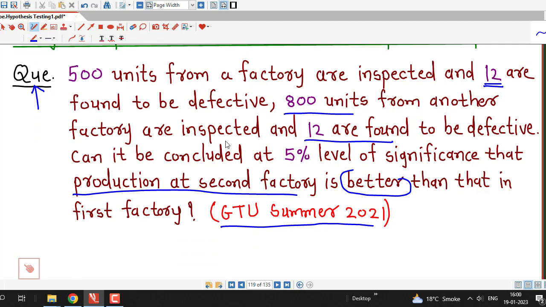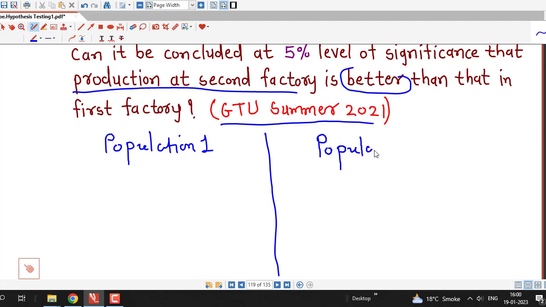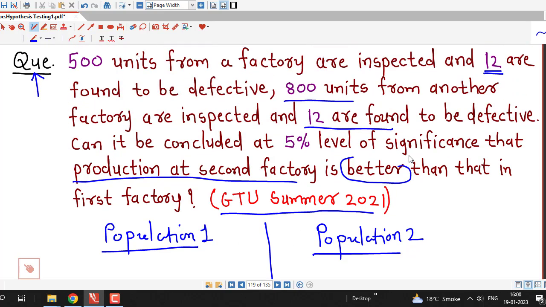So first we have to decide what are the population proportions under consideration, or what are the treatments which we want to compare. Here we are given the data for two factories, so we can consider units from factory 1 as population 1 and all the units of factory 2 as population 2.